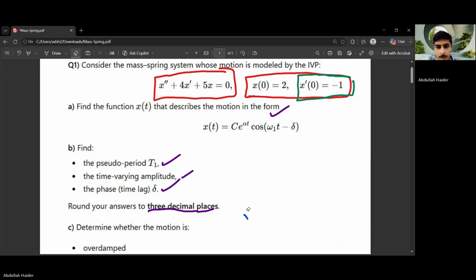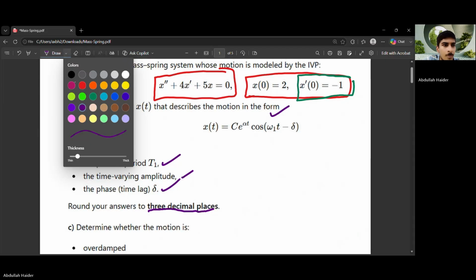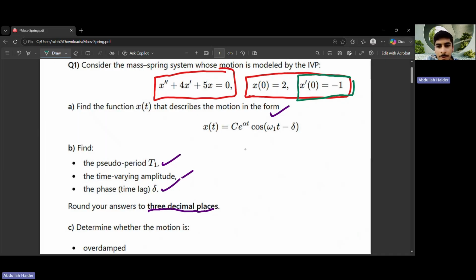All right. So how to know if there's no damping, underdamping, critical damping, or overdamping. You have 4 cases. Let's go to case 1, which is no damping. No damping means C is equal to 0. Basically, your damping constant is equal to 0.